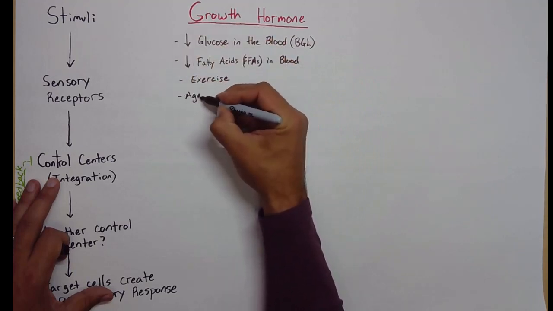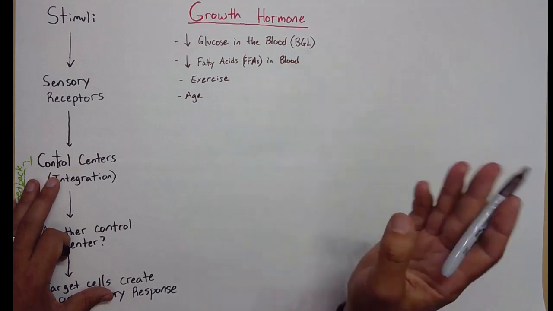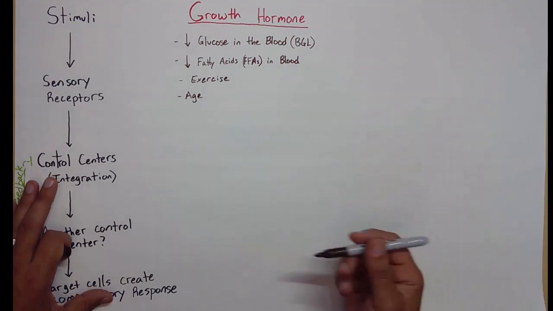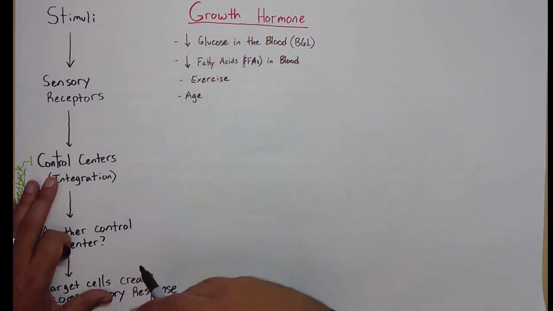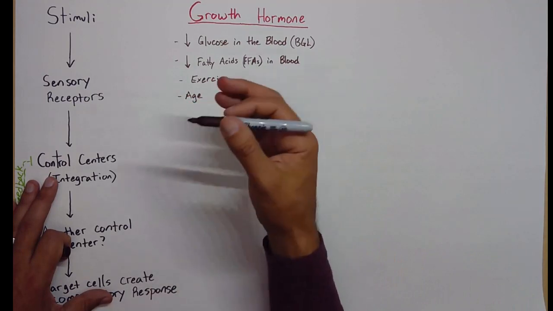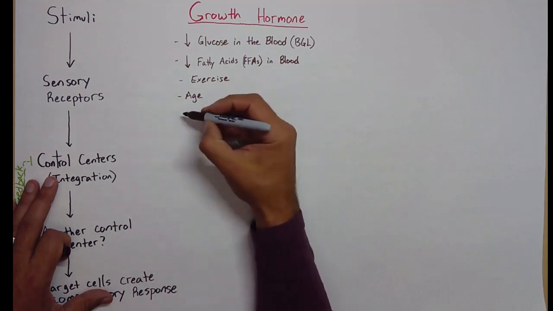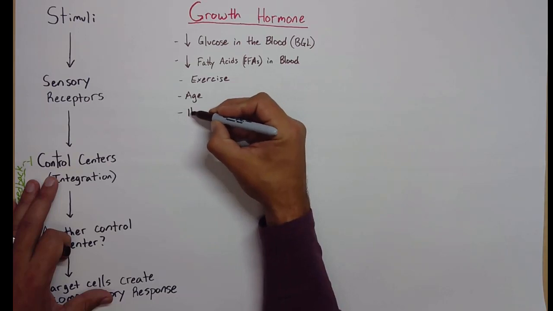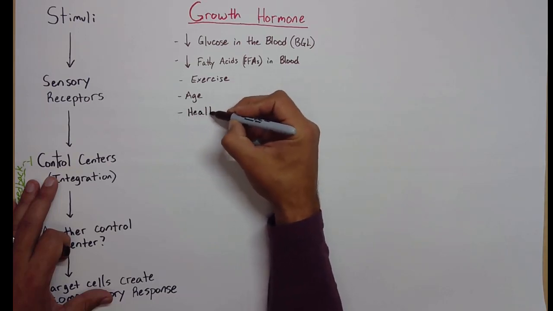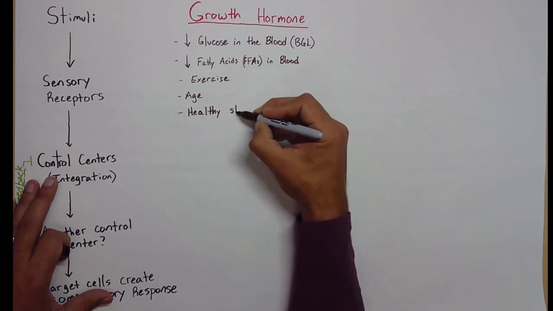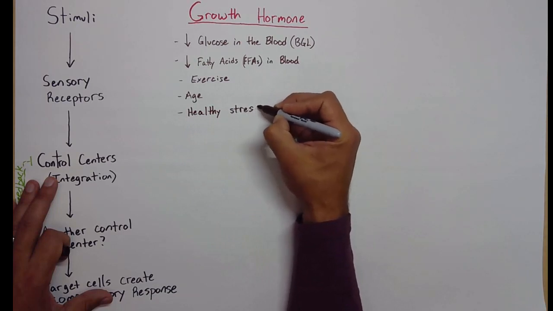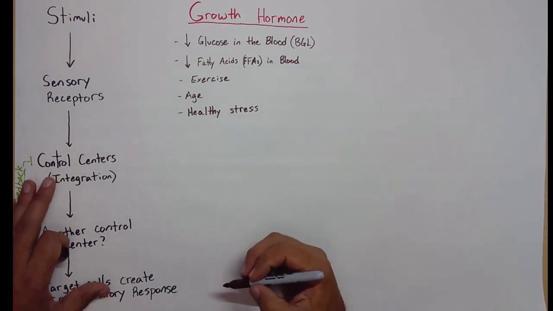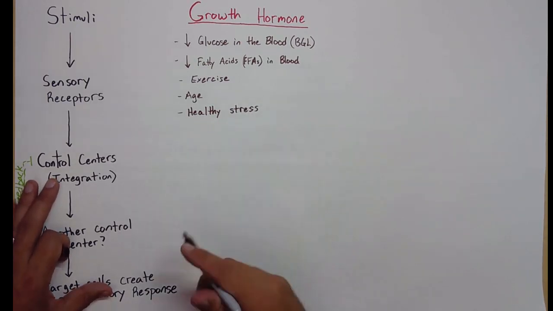The younger we are, the more growth we will have. The older we are, we start losing the ability to secrete growth hormone in general. Other things include healthy stress. Just little stressors that are healthy, not chronic depression stress, just regular healthy stress.